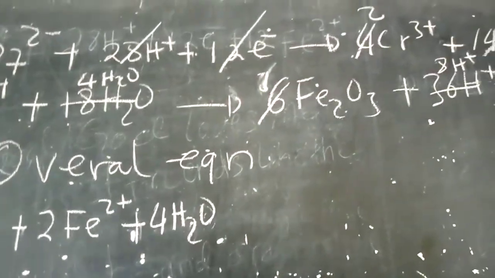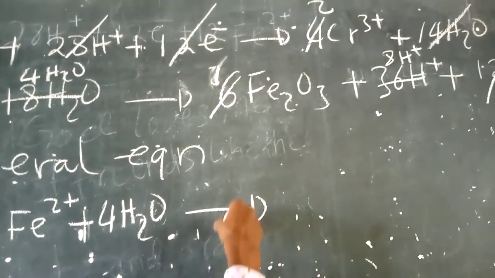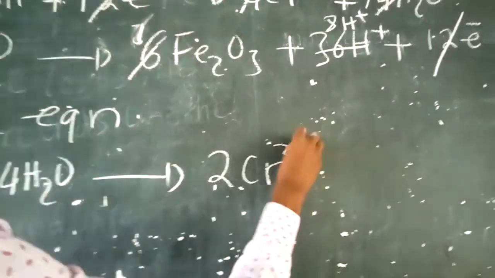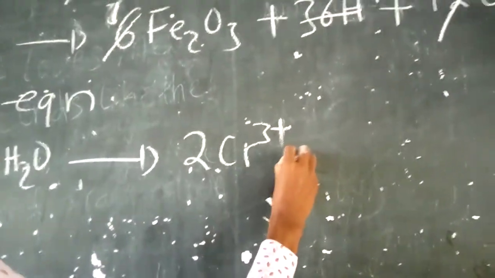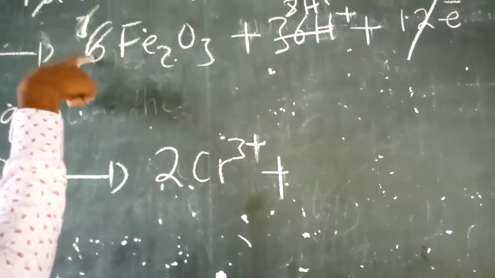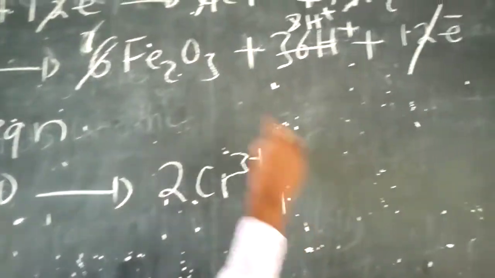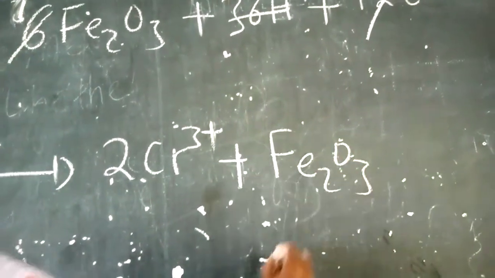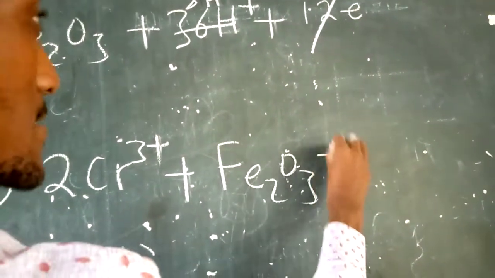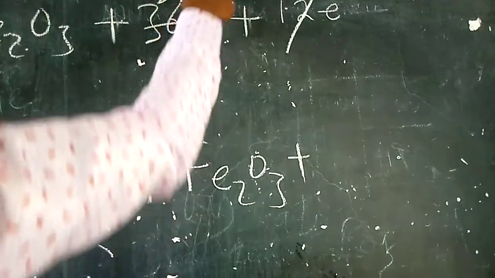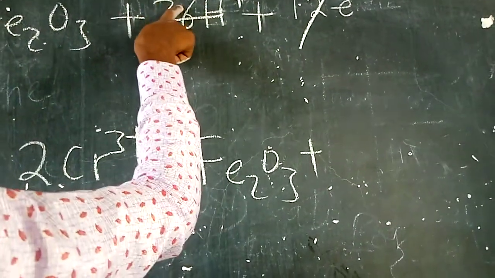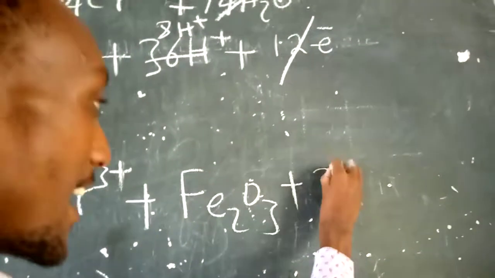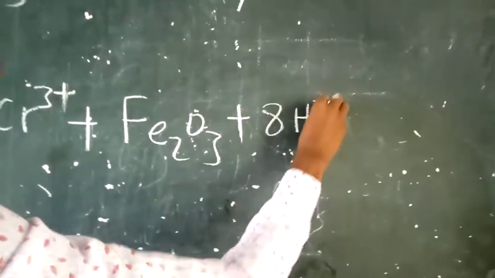In the product side, what remained is 2 Cr3 positive, plus, here it was 6, so 6 by 1, it remains as it is, Fe2O3. Plus, water cancelled. How many hydrogen protons here? It is 8 hydrogen protons.